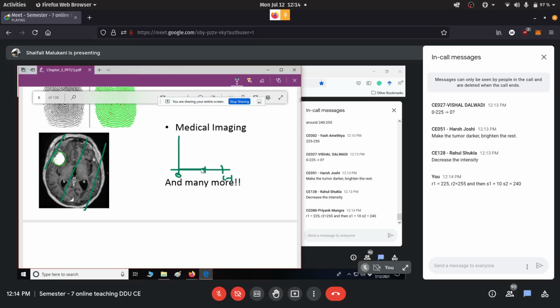What he suggested is that if it is 2 to 5, output should be 10, and if it is 240, then make it 240 kind of thing. So this is what his suggestion is. I'm not sure whether many of you will like that or not, but this is his application.